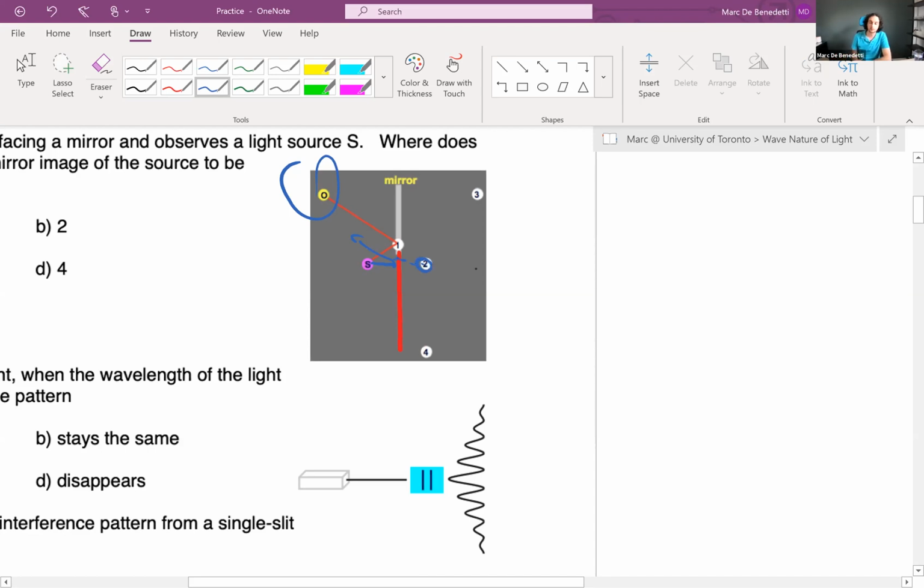So it will certainly be an illusion. It's not a real image, it's a virtual image, but it will certainly appear as if it's coming from position 2. And you can convince yourself of this by looking in a mirror that you may or may not have around your house as well.